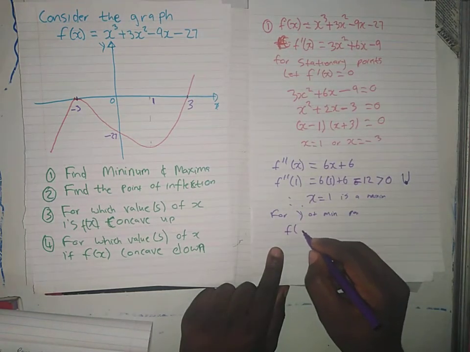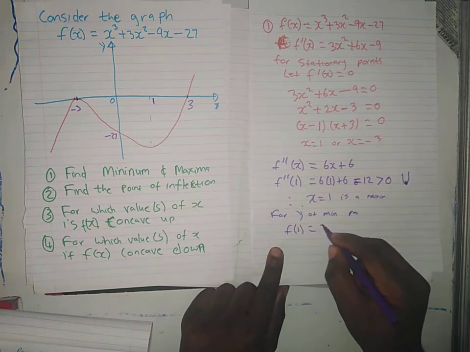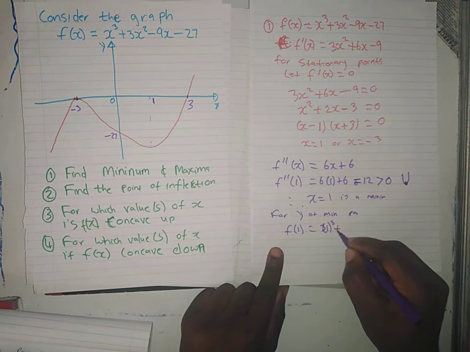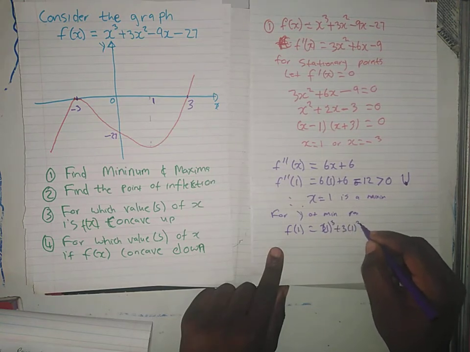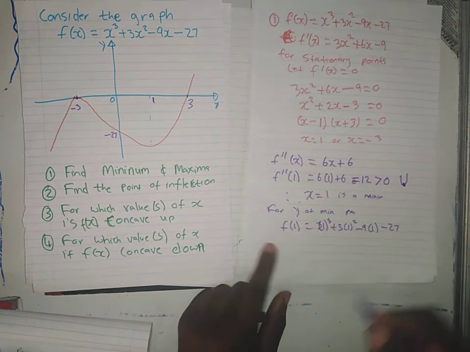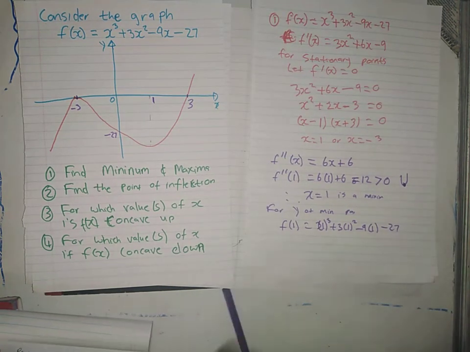We will take f at 1, which is 1 cubed plus 3 times 1 squared minus 9 times 1 minus 27. When you put it in a calculator, you get minus 32.